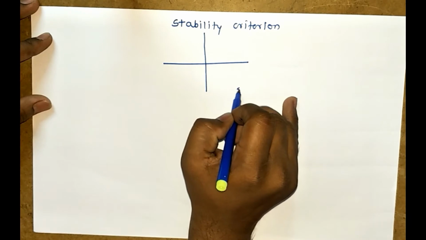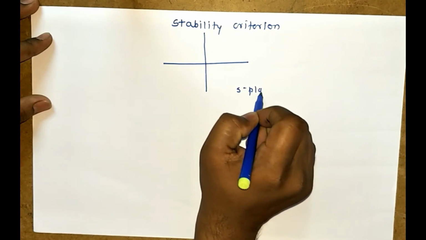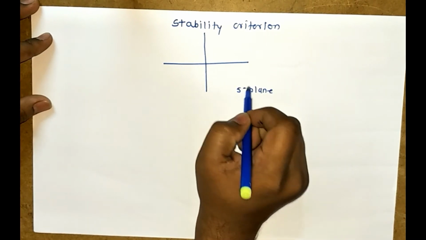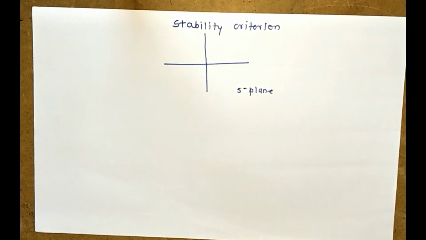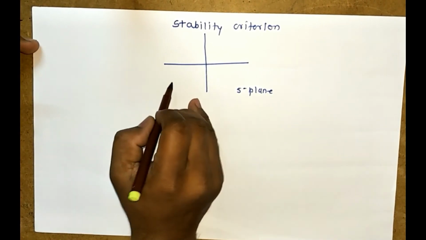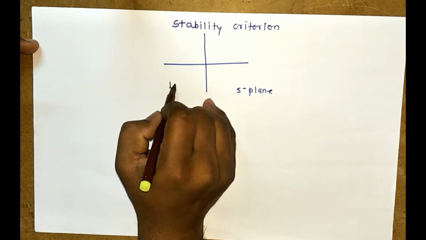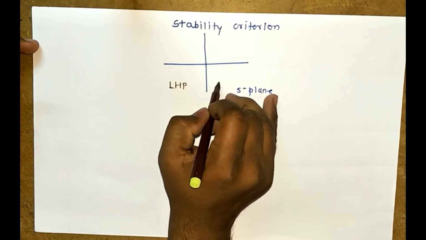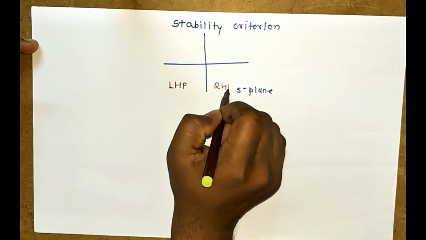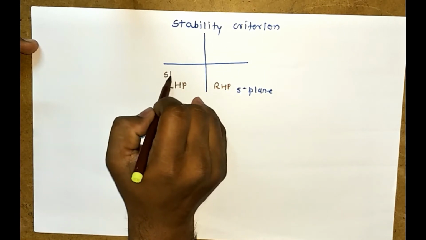This is the s plane. This is the left hand side plane, right hand side plane. If the roots are available in the left hand side plane, the system is stable. If the roots are in the right hand side, the system is unstable.